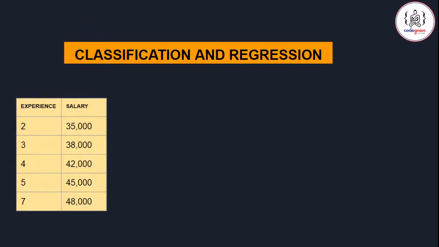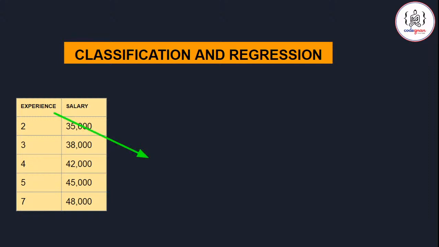Now let's talk about classification and regression. Here I have this data set where we want to predict the salaries based on the number of years of experience. So here we have experience, and then also we are given the salary. So this is a supervised learning problem.